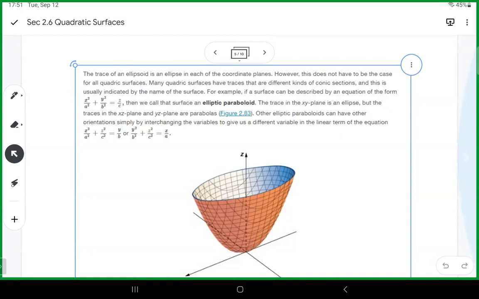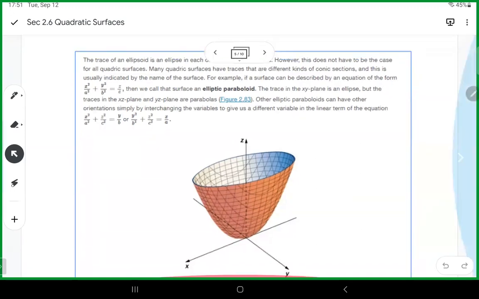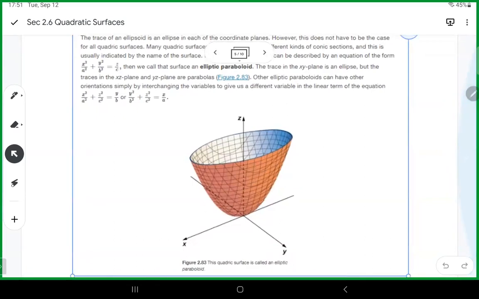The trace in the xy plane is an ellipse, but the traces in the xz plane and yz plane are parabolas. Other elliptic paraboloids can have other orientations simply by interchanging the variables to give us a different variable in the linear term of the equations.